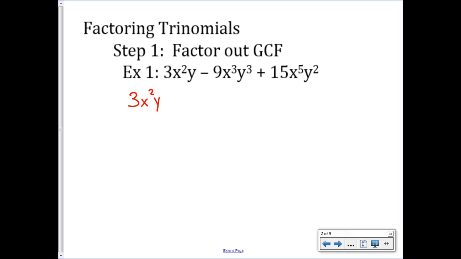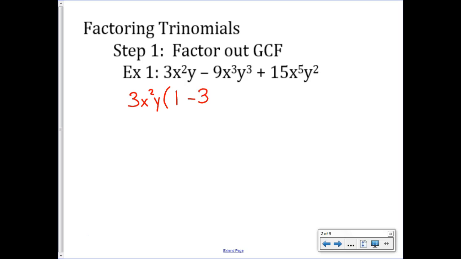So then it's like you're dividing that out. You have factored that out, so we divide 3x squared y by 3x squared y. It's all gone. We have 1 left, because anything divided by itself gives us a value of 1. Then 9 divided by 3 is 3.